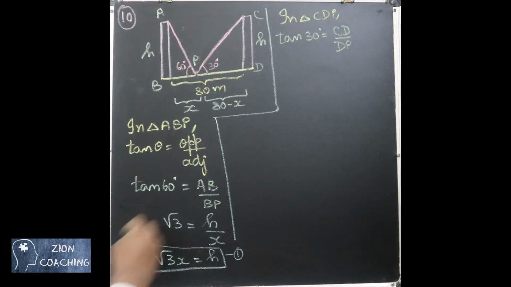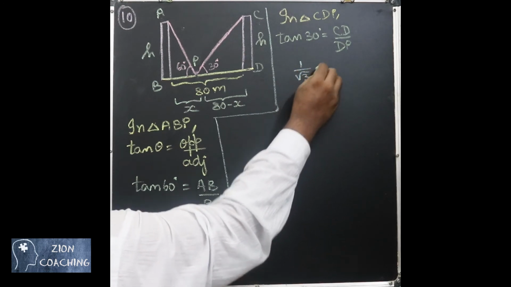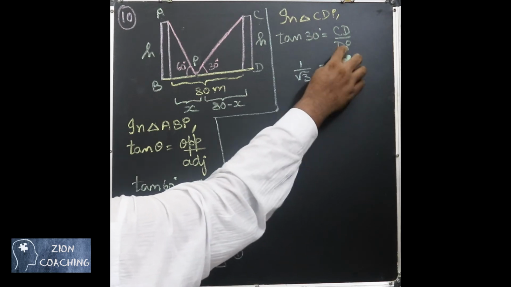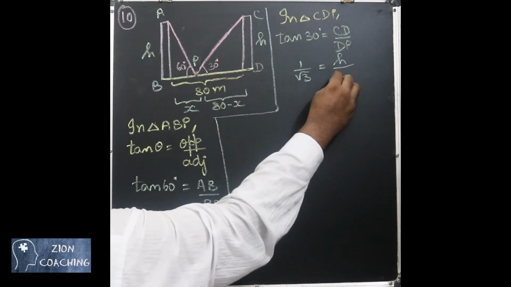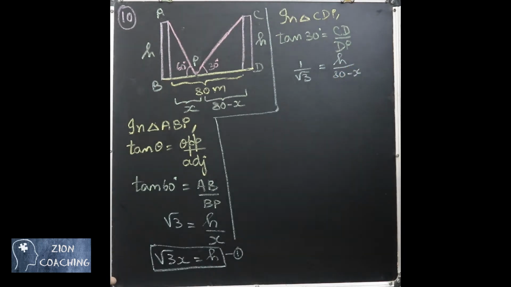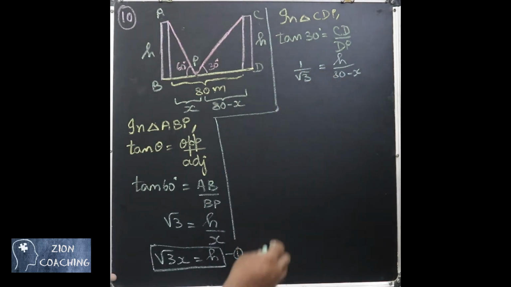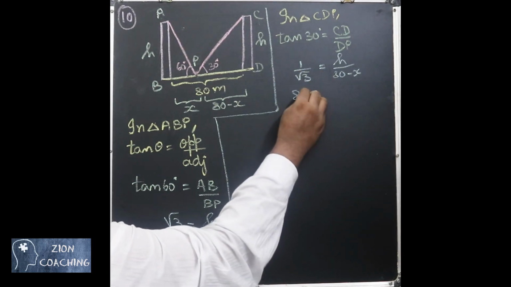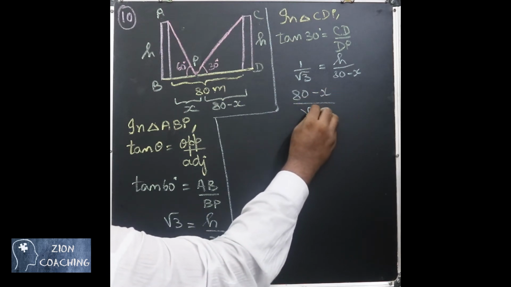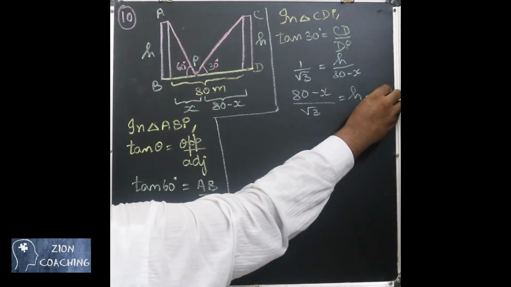Tan 30 degree is 1 by root 3, so 1 by root 3 equals h by 80 minus x. Taking 80 minus x to that side, we have 80 minus x by root 3 equal to h. We will take this as 2.